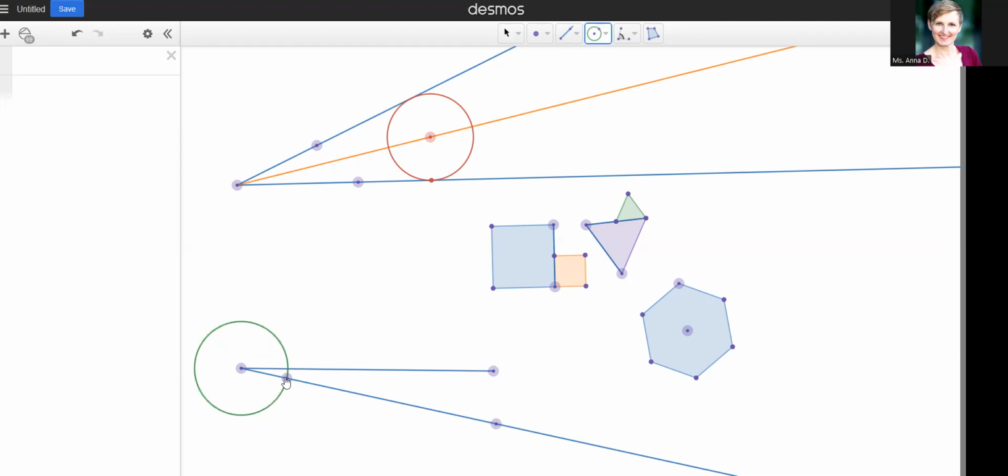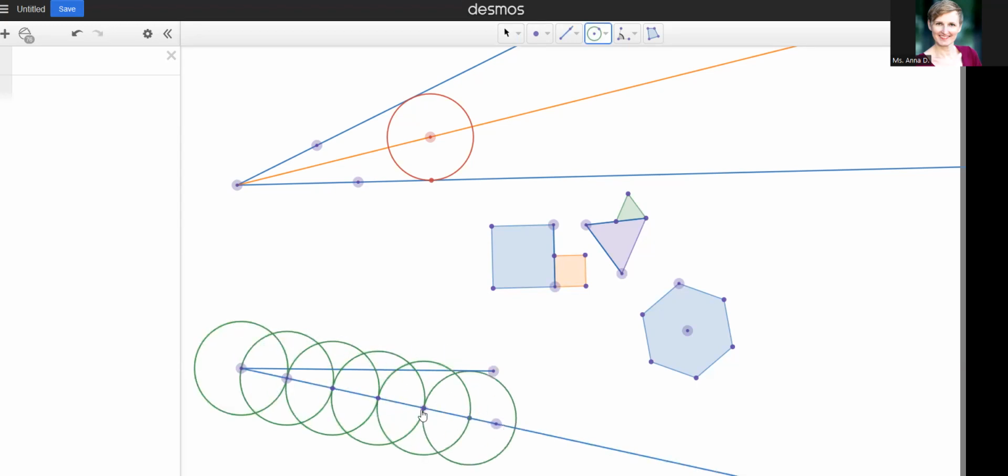Every time we draw a circle, we use the points that we just created. They naturally stick to each other. 1, 2, 3, 4, 5, 6, 7. I created 7 circles. 7 circles gave me 7 points.